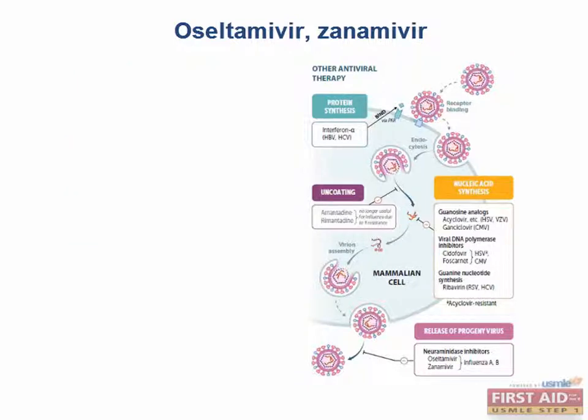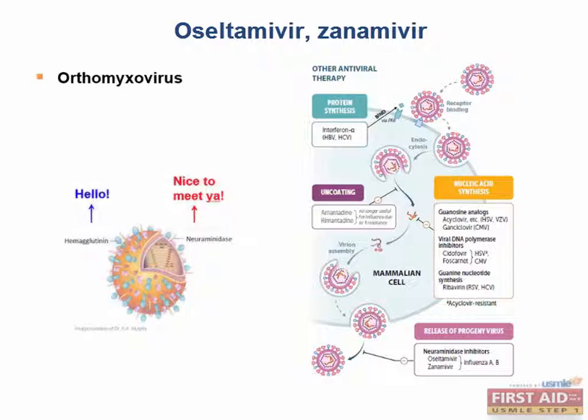If we think back to virology, do we remember what family of virus the influenza virus is in? It is part of the orthomyxovirus family. It is a segmented, negative-sense, single-stranded RNA virus. Very good. Now, do we remember the virus's two clinically important surface proteins? Those are hemagglutinin and neuraminidase.